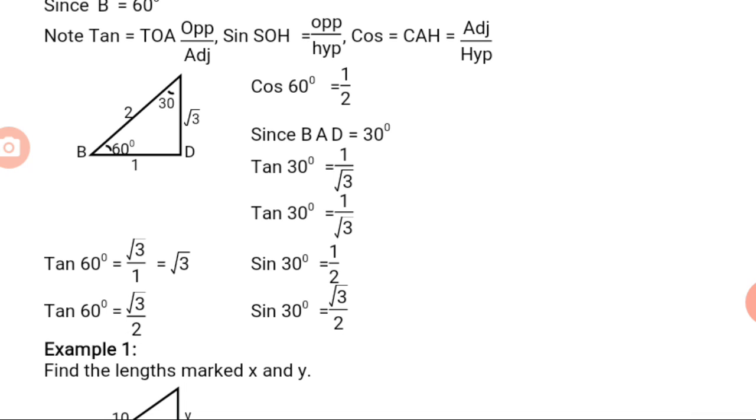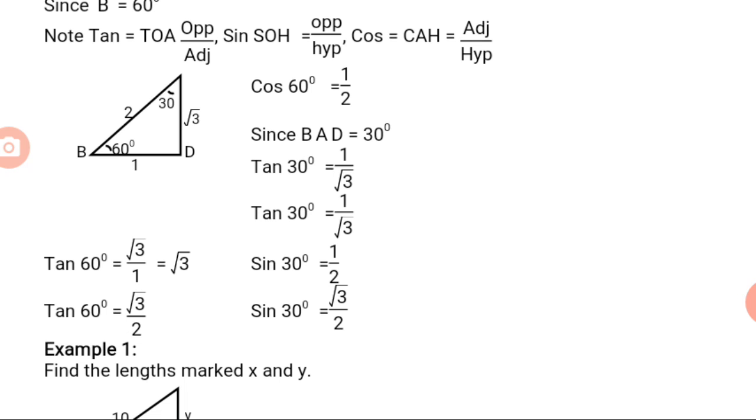Now, cos 60 degrees. Cos 60 degrees is adjacent over hypotenuse.